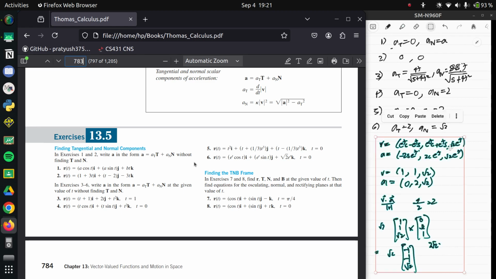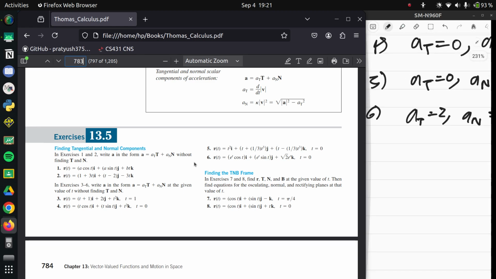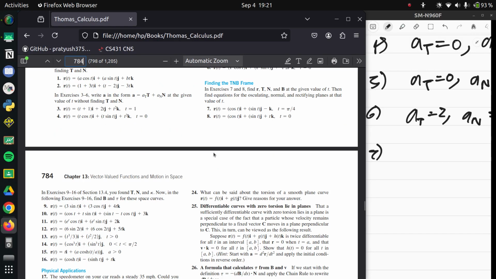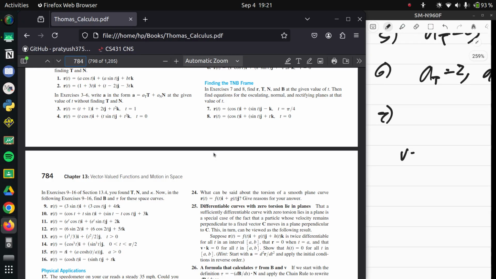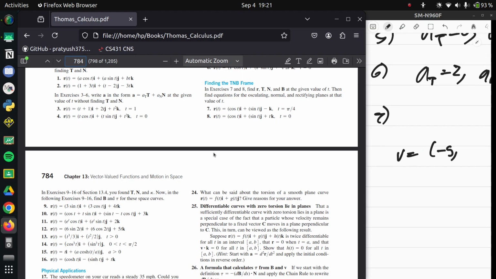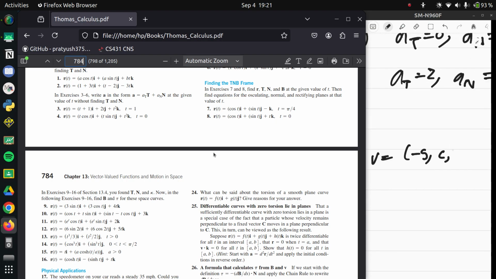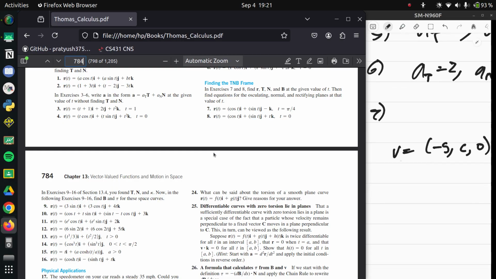Next, the seventh question is in exercises 7 and 8, find R, T, N, B, then find the equations for the osculating, normal and rectifying planes at the given value of t. Sure, so first you just want the velocity. The velocity is minus sine, cosine, 0. Your acceleration would be negative cosine, negative sine, 0.